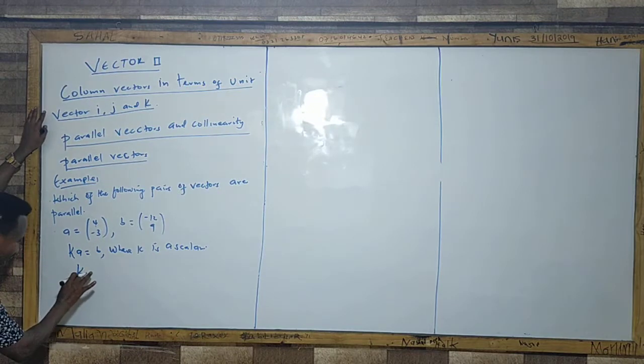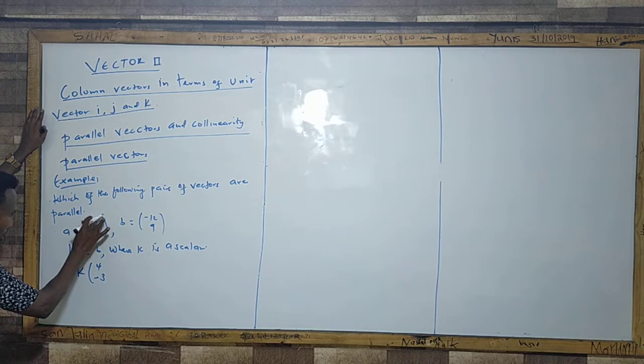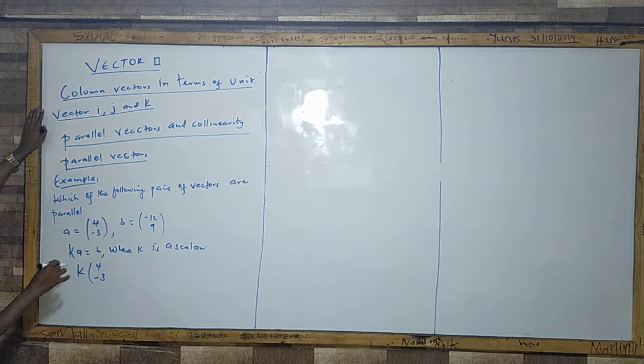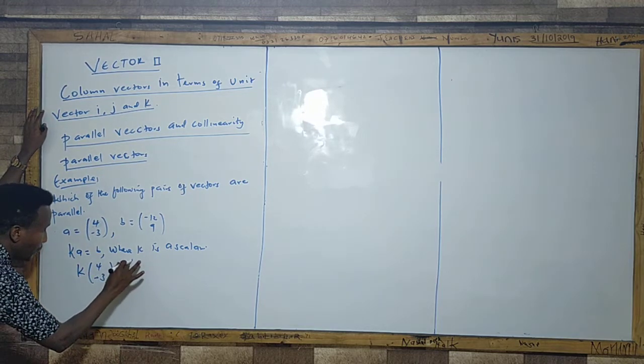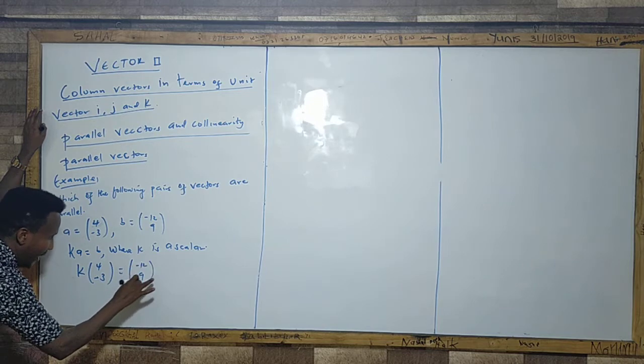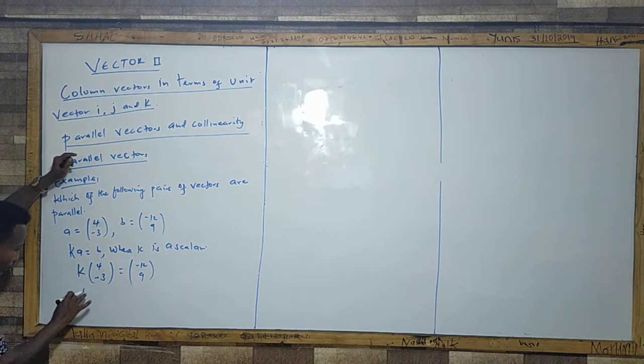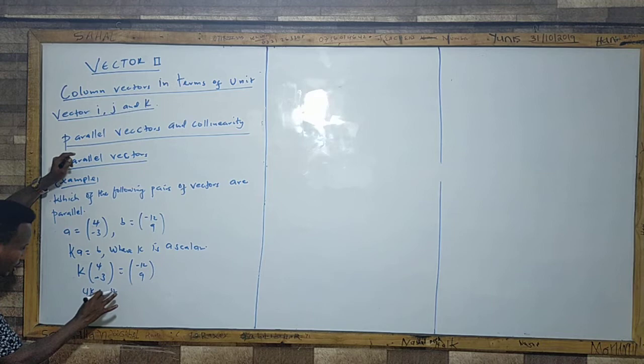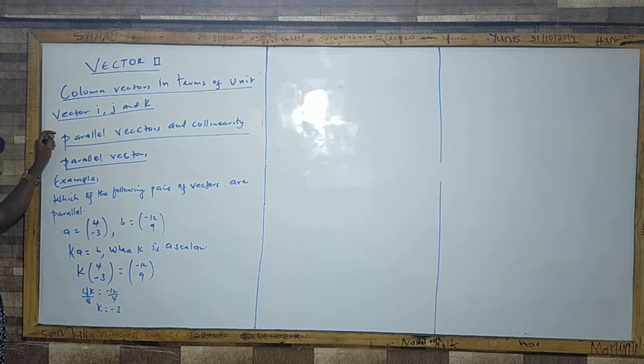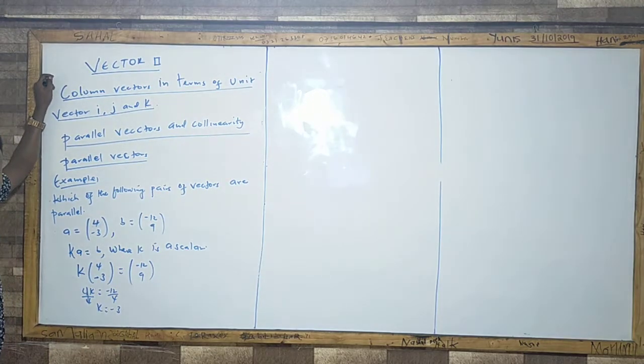Let me say K into (4, negative 3) is equal to (negative 12, 9). This is 4, don't forget. One time I'll say K times 4: 4K is equal to negative 12. Then to get the value of K, divide both sides, so K is equal to negative 3. We are testing parallelity.